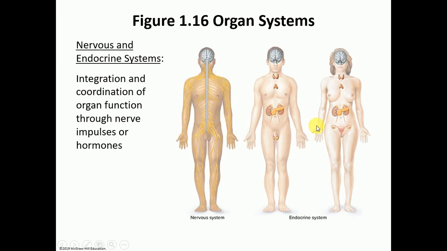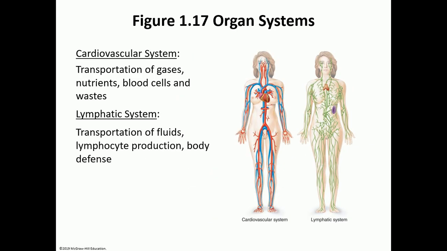Now, the cardiovascular system, basically made out of the heart and the blood vessels. It also includes blood cells. It's responsible for the transportation of gases and nutrients. Okay, and it helps in getting rid of waste products as well. The lymphatic system is made out of the thymus gland and the spleen and all of these lymphatic vessels.